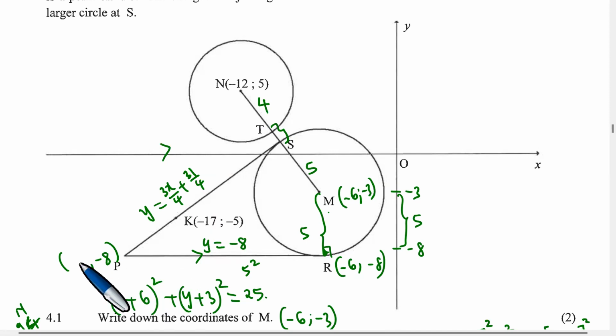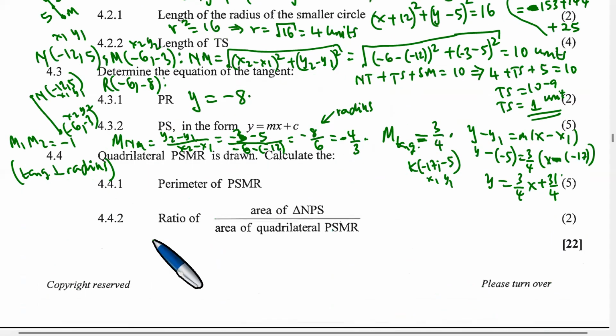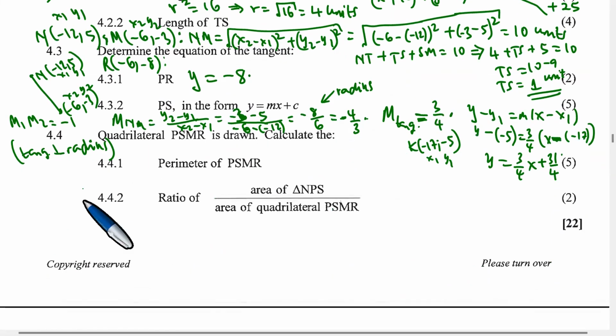So you just need to get the x if y is this. So to find the perimeter here, we know that the point P has y-coordinate -8, but that equation is this one, so we need to substitute everything. So y is 3 out of 4 x plus 31 out of 4.